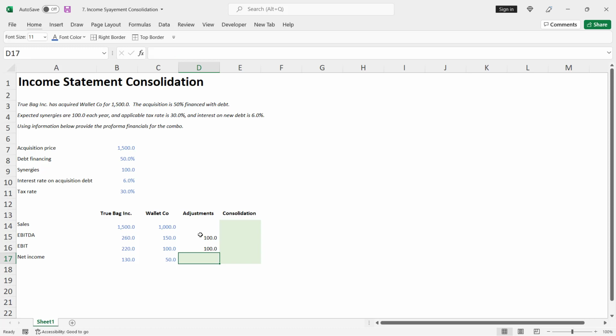Next is net income adjustments. Here we will take our adjustment of synergies, multiply it by 1 minus our tax rate, so we will adjust it by the tax rate, minus our acquisition price multiplied by debt financing, which is 50%, multiplied by our interest rate on acquisition debt, which is 6%, and multiplied by 1 minus tax rate again as an adjustment for the tax on the debt financing.